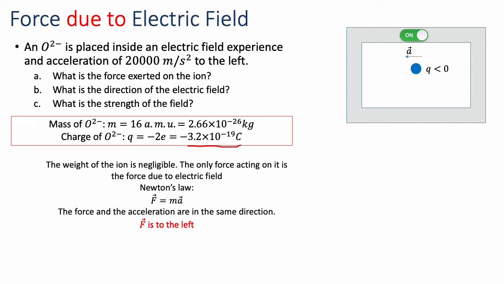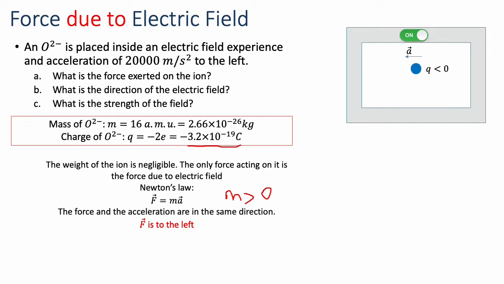Now, I don't know its direction yet, because even for the electric field I don't know the direction. But what do I know? I know Newton's law says F equals ma, and this is the only force. And the mass is always positive. M is always larger than 0. There is no other option for M. So M is larger than 0. Then the force and acceleration are always in the same direction.